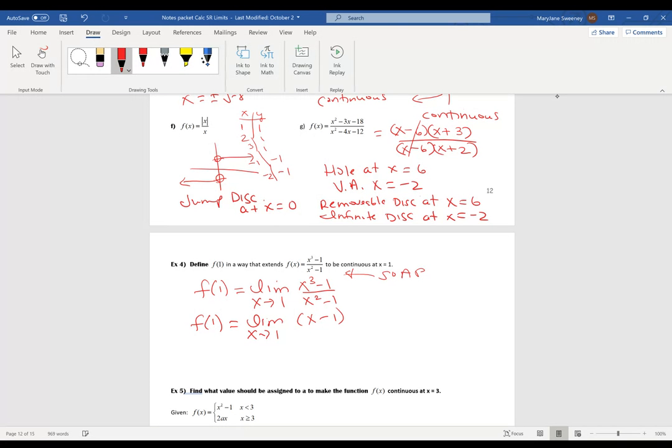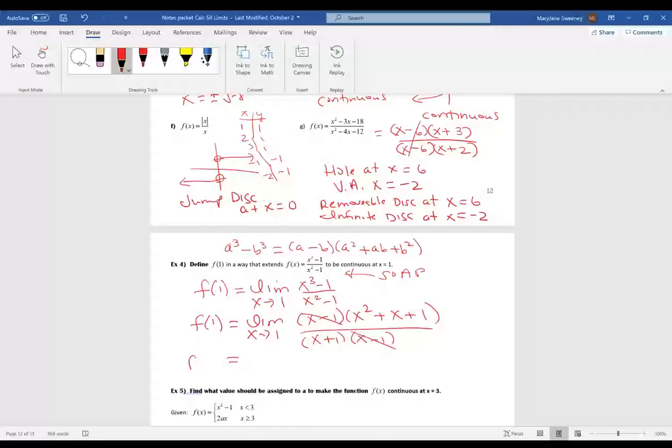A cubed minus b cubed is a minus b, a squared plus ab plus b squared. On the bottom, difference of two perfect squares, x plus 1, x minus 1. So when we do a limit, we're going to factor, cancel, and then plug it in.